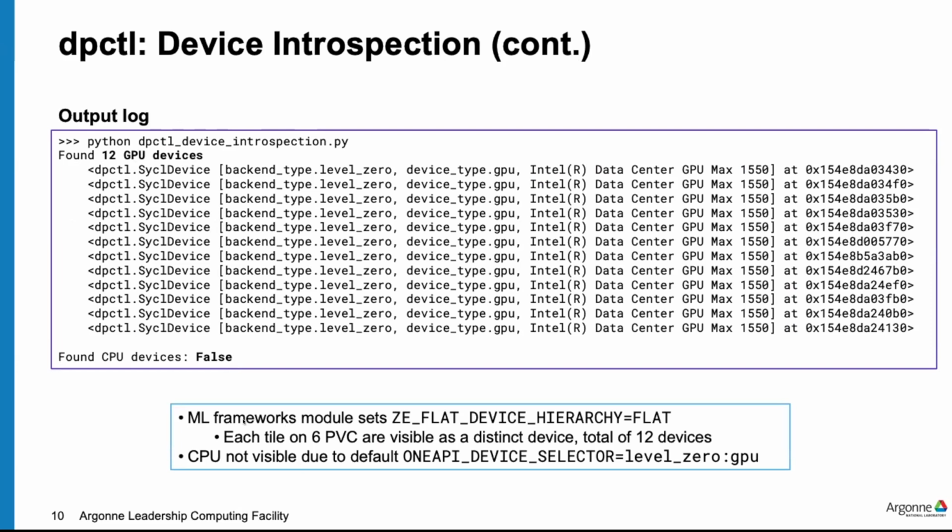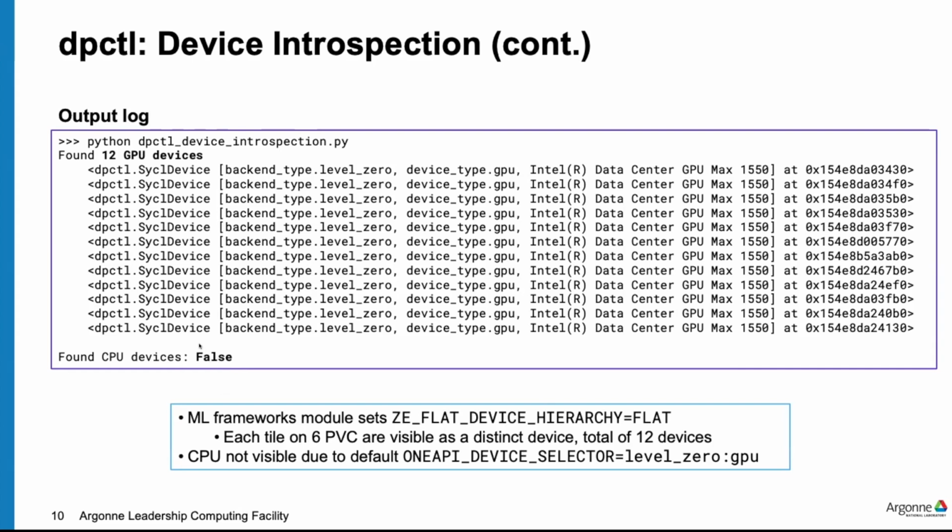This is really because the frameworks module sets the ZE_FLAT_DEVICE_HIERARCHY flag to flat, which exposes all the 12 tiles as individual devices. You can change that by changing this environment variable to composite, in which case you would now see 6 devices with 2 subdevices each. And then you can see here we are printing the information for all the 12 devices. Pretty standard. It's a SYCL device with a level zero backend, device type GPU, and these are Intel Data Center GPU Max 1550.